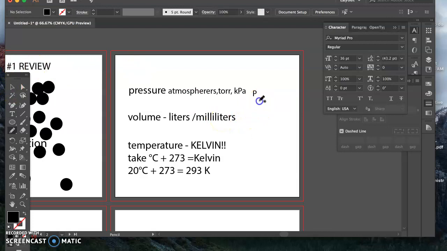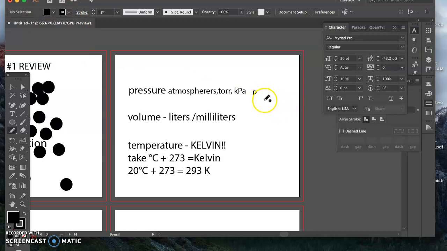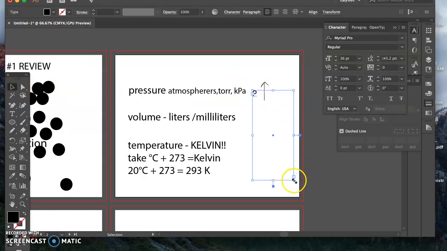If P goes up, let's try that again. If P goes up, and what does goes up?